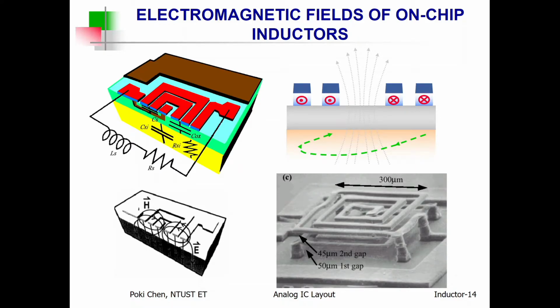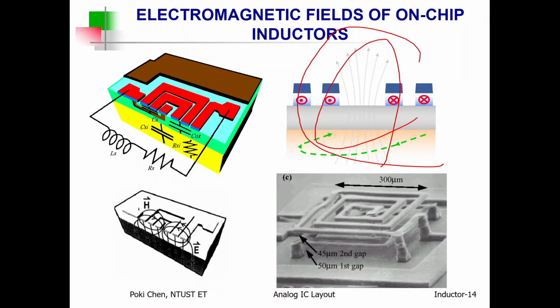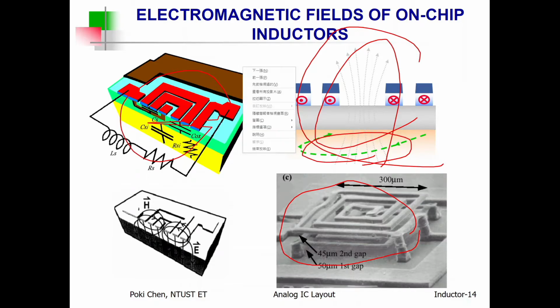Anyway, again, this is some kind of three-dimensional view to tell you such kind of flux will penetrate into the substrate and induce a lot of eddy current or displacement current, blah, blah, blah. Okay, that is some kind of three-dimensional micro photo for you to refer. And this is some kind of three-dimensional plot.